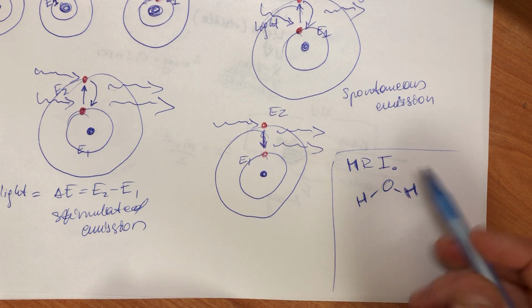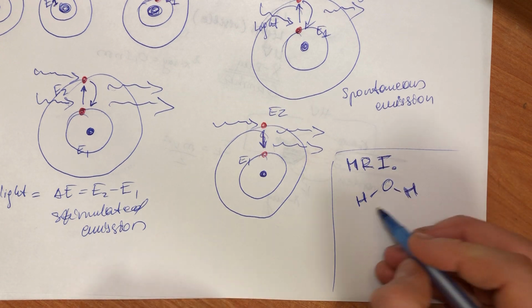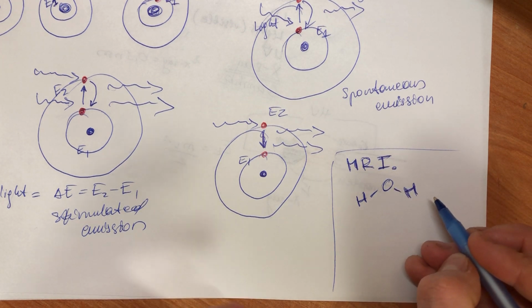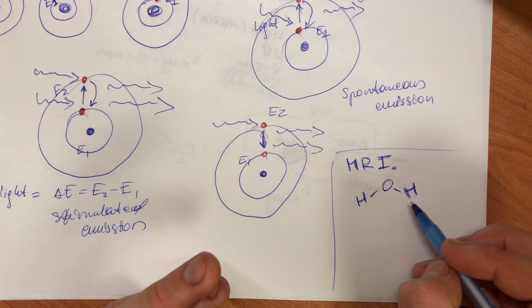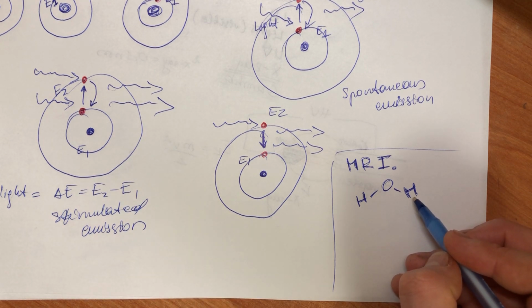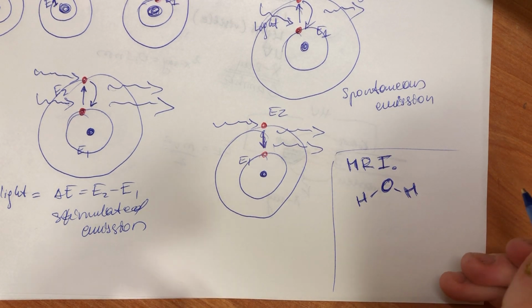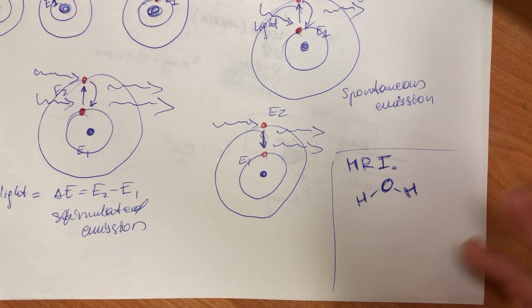When positioned in an external magnetic field, these hydrogens are oriented in a particular way, and when they are oriented, they can also have resonance of their magnetic properties. So it means that their magnetic properties are amplified by radio waves.